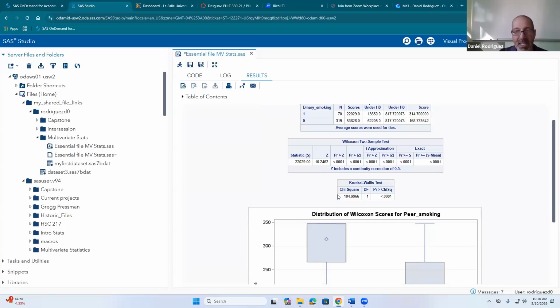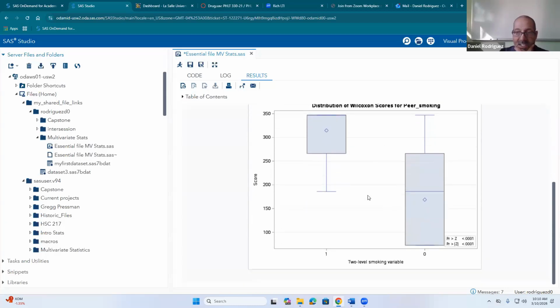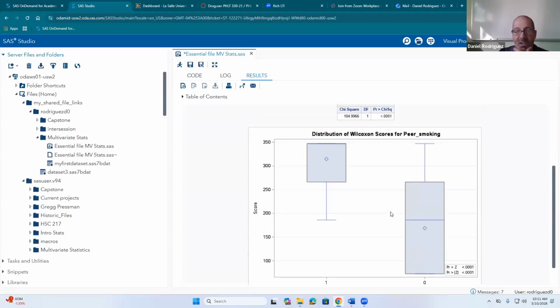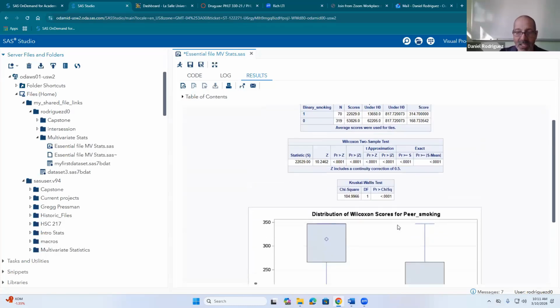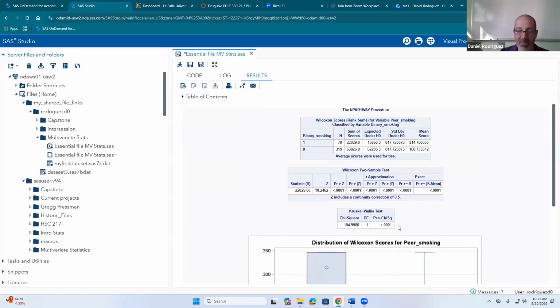And if we wanted the Mann-Whitney, we'd have to calculate that by hand. I don't need this Kruskal-Wallis test either. We can take a look at these. You see these differences are pretty big. One thing to note: the larger the sample size, the more likely any difference is going to be considered statistically significant.